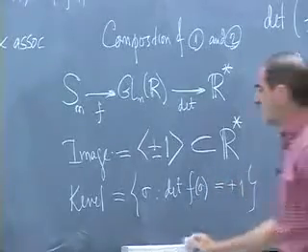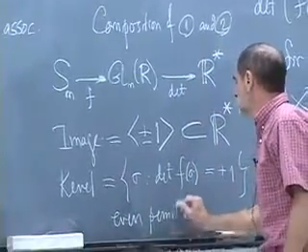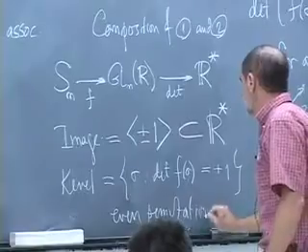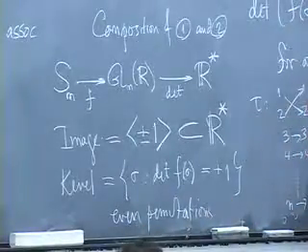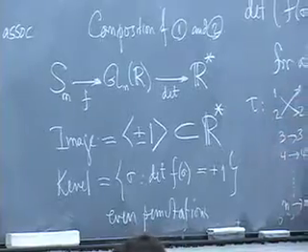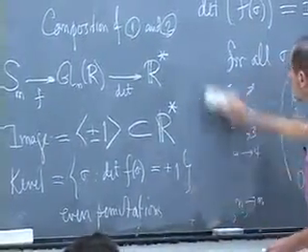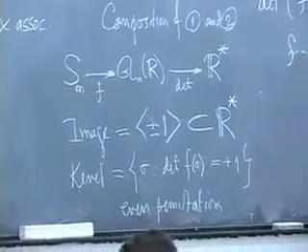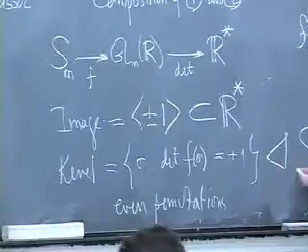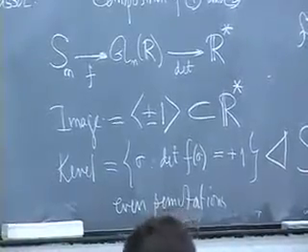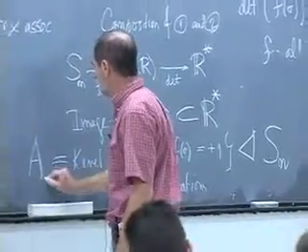Those are sometimes called the even permutations. They're not everything, because tau is not an even permutation. This little transposition is not even. But that's a normal subgroup of Sn, a non-trivial normal subgroup, and it's called the alternating group on n letters.